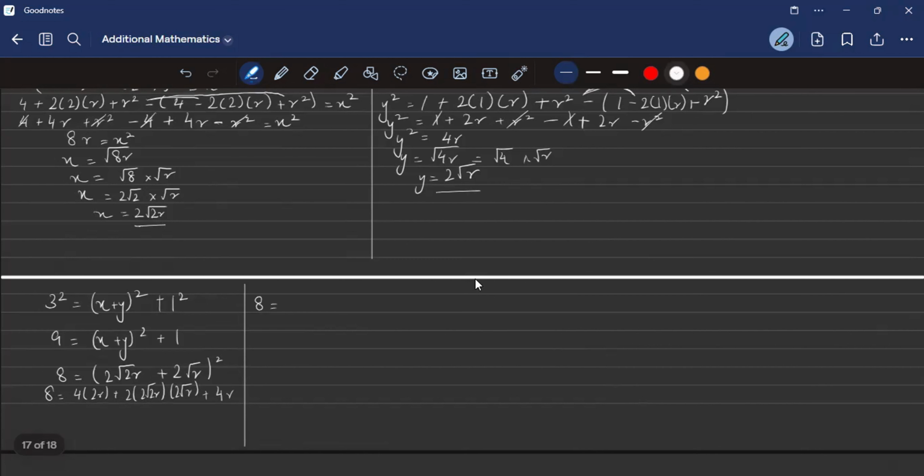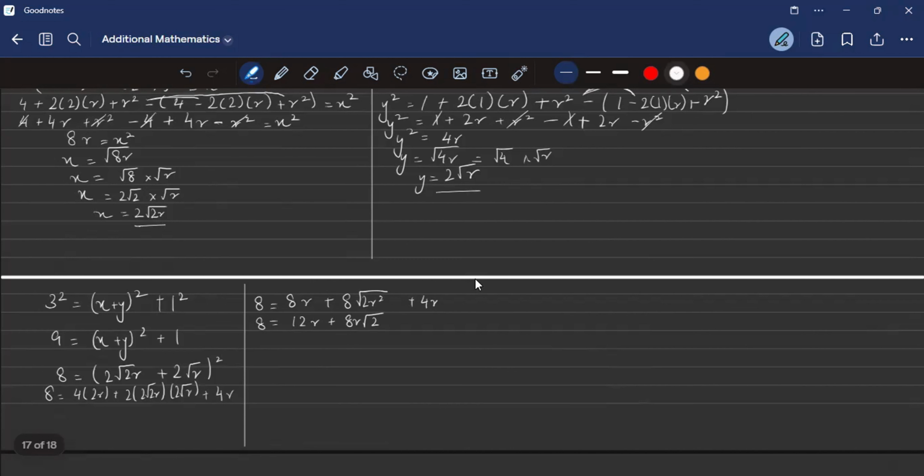Simplify this further. 8 is equal to 8r plus 8 under root 2r squared plus 4r. Simplify this further. 8 is equal to 8r plus 4r is 12r plus 8r under root 2.